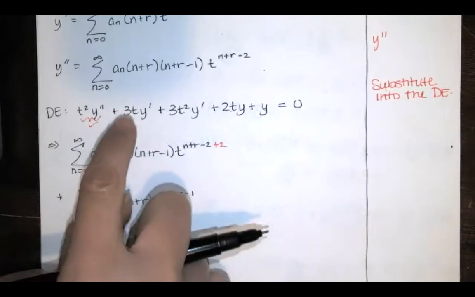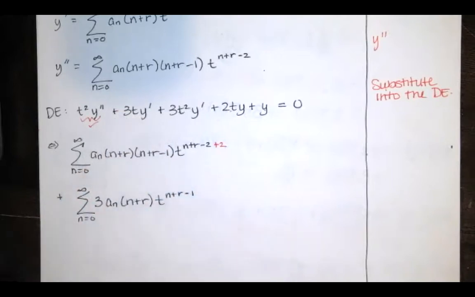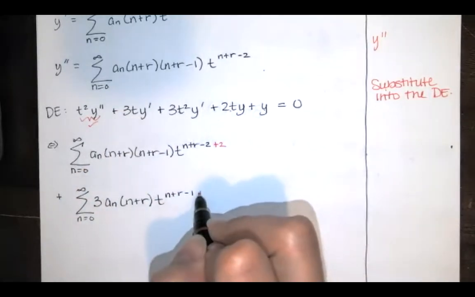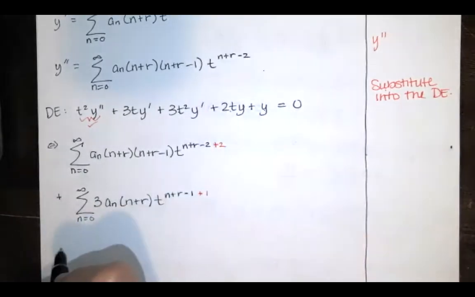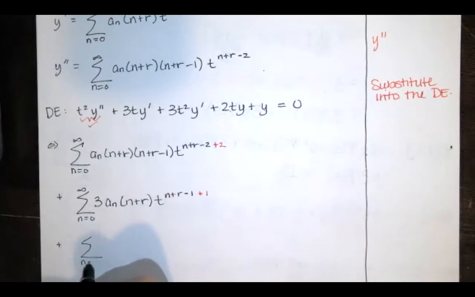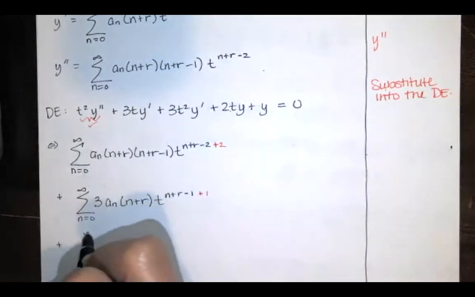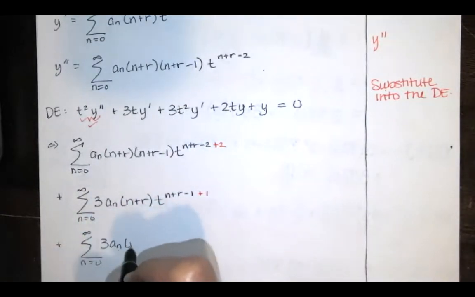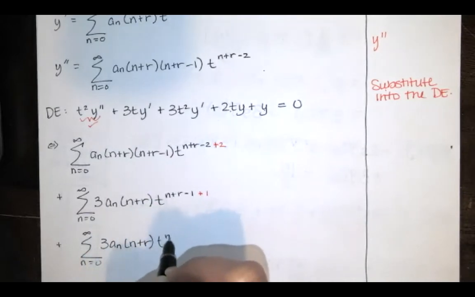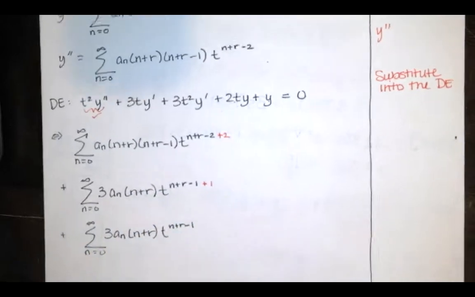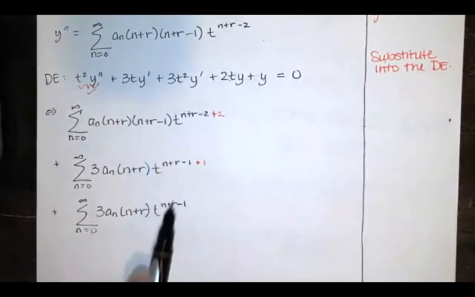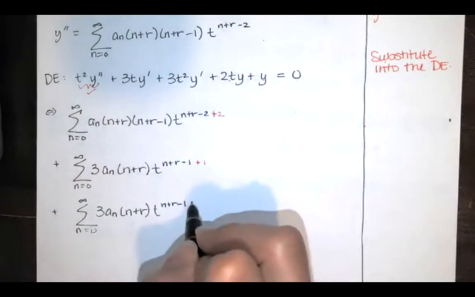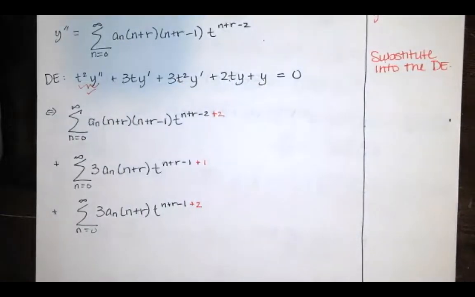So if I take 3 times y prime and multiply that by a t, that's going to add 1 to all of those exponents. Now this one's going to be very similar because I'm multiplying by 3t squared this time. But since I'm multiplying by 3t squared rather than t to the first, multiplying this series by a t squared adds 2 to all of those exponents.